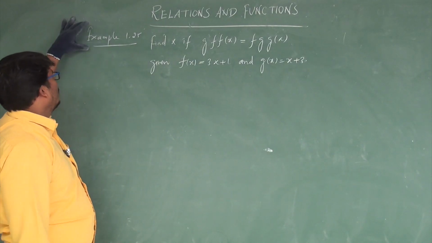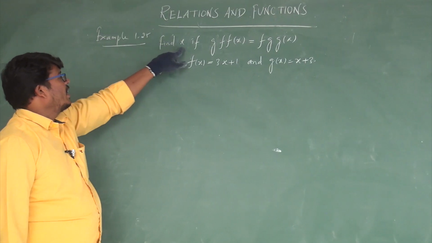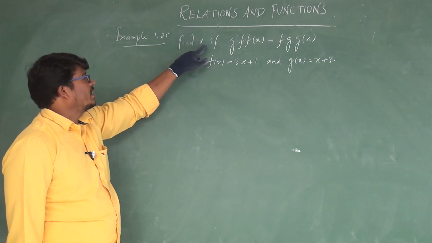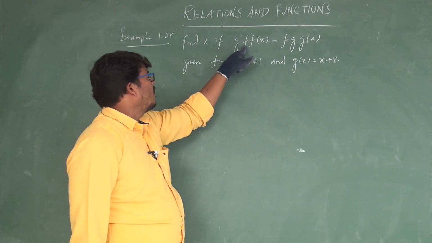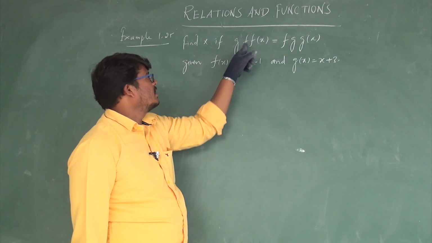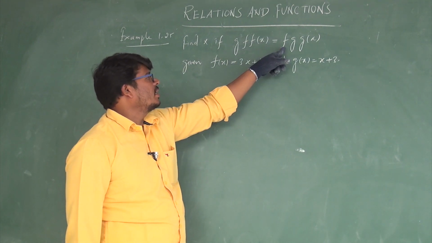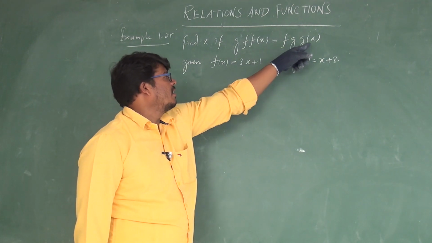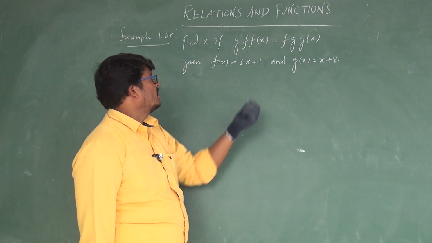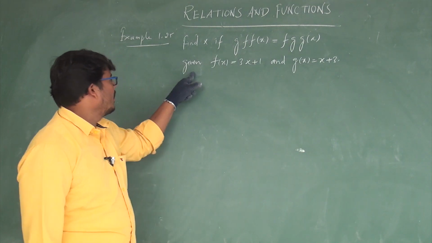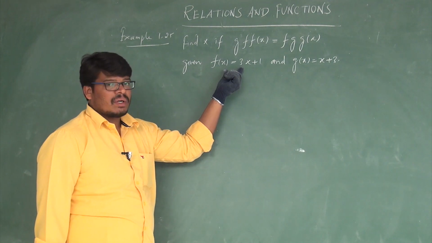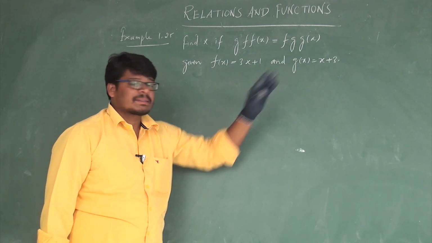Next, example 1.25. Find the value of x if g of f of x equals f of g of x, both are equal. Given f of x is 3x plus 1 and g of x is x plus 3.